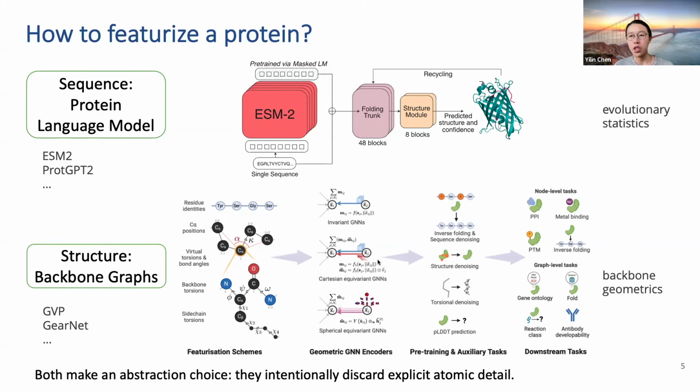Then we'll use a GNN encoder through some pre-training and auxiliary tasks to feed the model information about how to understand the protein, and then use that model for downstream tasks. What these types of models usually capture are backbone geometries. However, both make an abstraction choice, which I think is worth considering. They intentionally discard explicit atomic details.